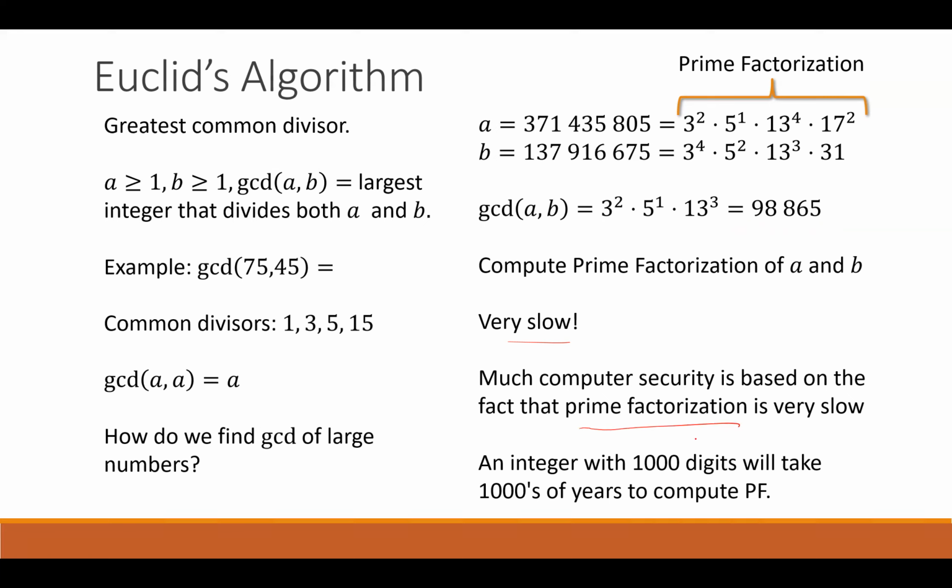The idea behind it is that it's very unlikely you're going to be able to factor this big number. If you could factor it quickly, then you could bust a bunch of security. But an integer with 1,000 digits will take thousands of years to compute using the prime factorization.